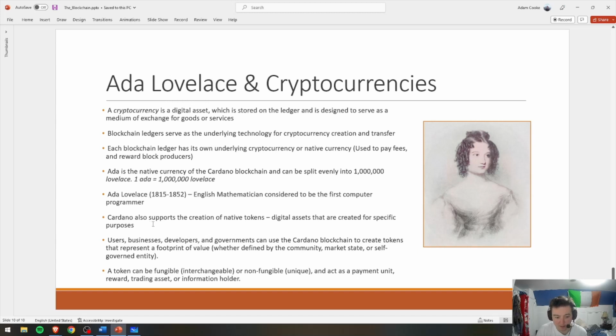Cardano also supports the creation of native tokens, digital assets that are created for specific purposes. This is not unique to Cardano. Other chains do this, Ethereum for example. You create digital assets that are then able to be transacted with on the chain.